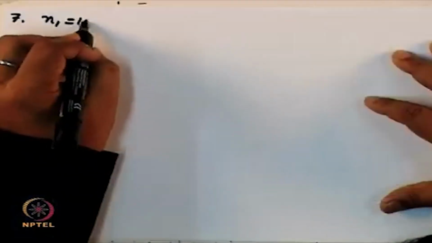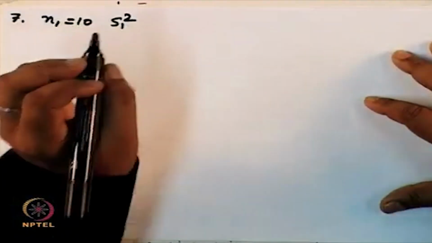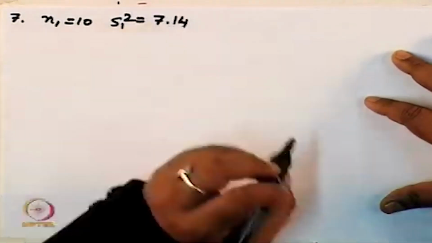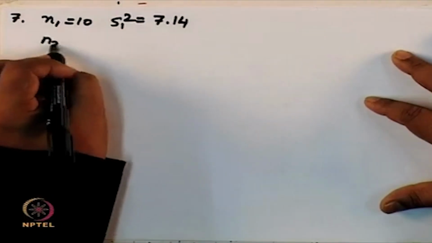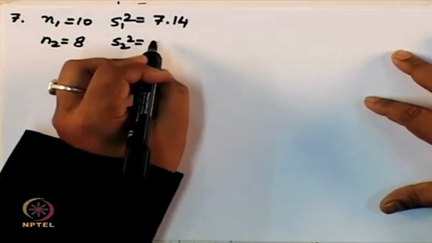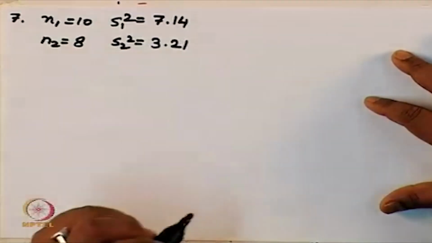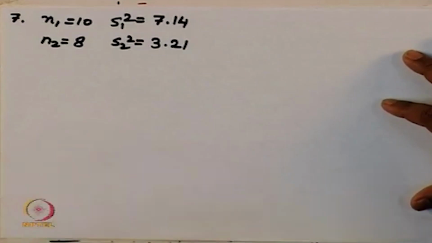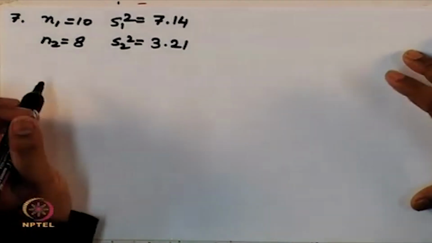Okay. So, let us take a sample example. Imagine I have n1 equal to 10, s1 square equal to 7.14, n2 equal to 8 and s2 square equal to 3.21. So, what is the value of f, and I want to calculate whether f is significant or not.